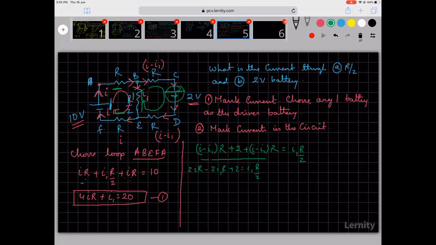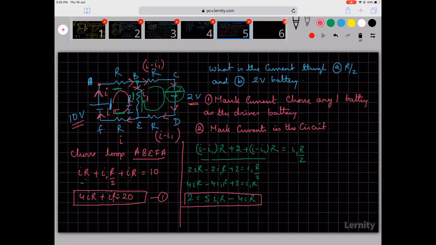I'll rearrange it, so I'll get 4IR minus 4I1R plus 2 is equal to I1R. I'll bring these this side. So I'll get 2 is equal to 5I1R minus 4 times I into R. So this is my second equation.